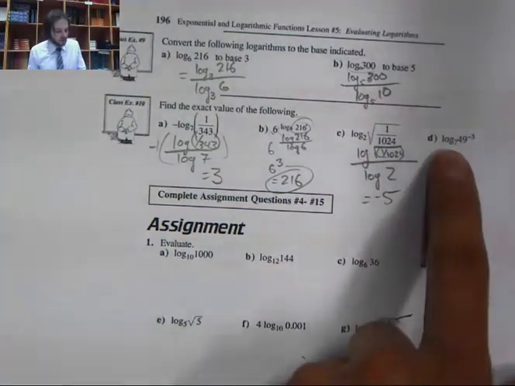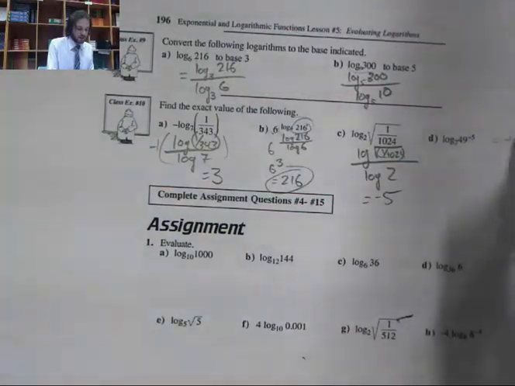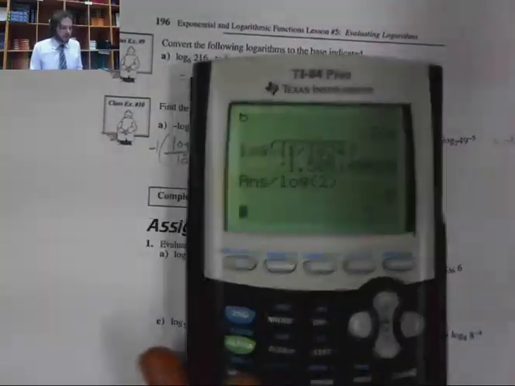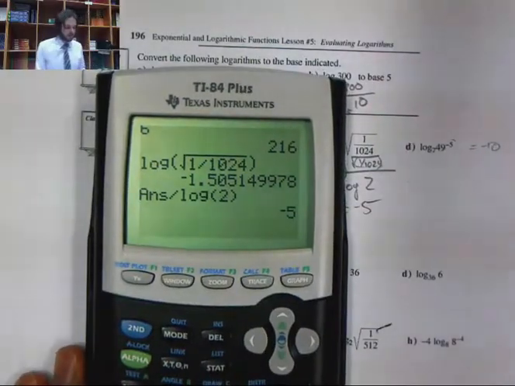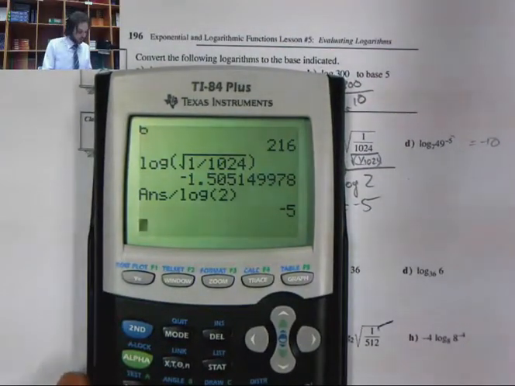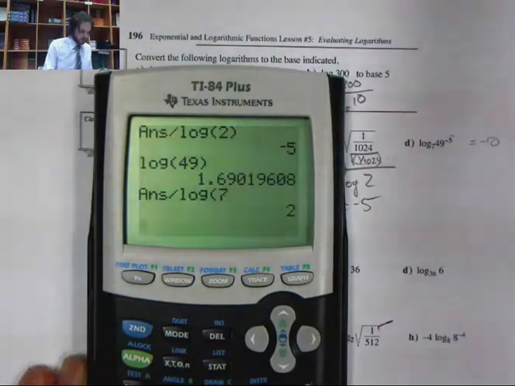And the last one is 7 to 49. So this should be equal to negative 10. Let's double check, because 7 squared to the power of negative 5 is negative 10. So we go log 49, and then divided by log 7.